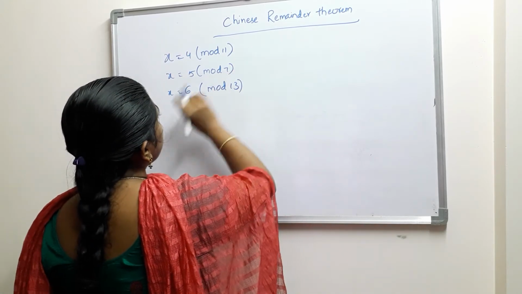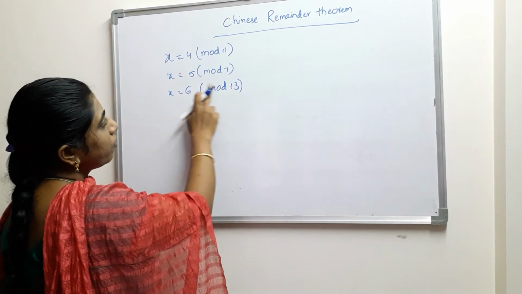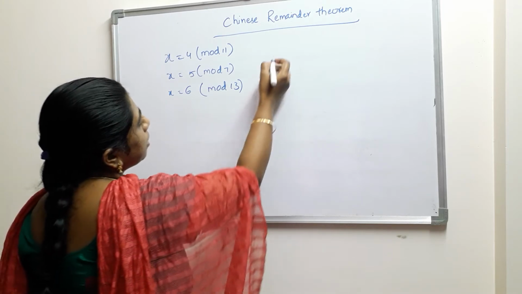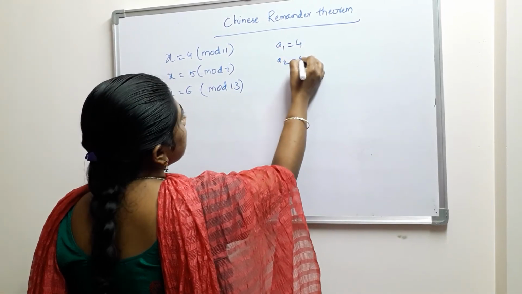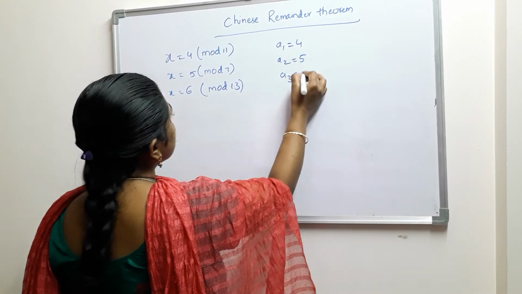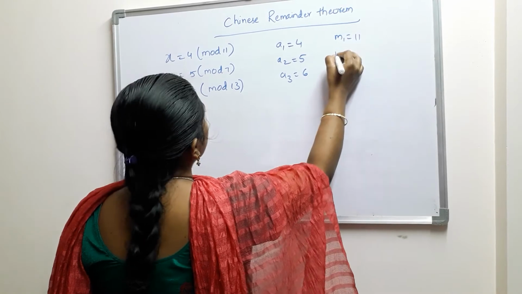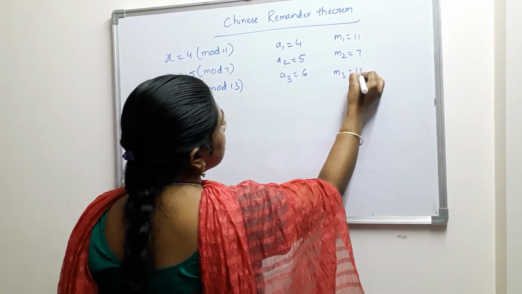In this problem, we are given x is equal to 4 mod 11, 5 mod 7, and 6 mod 13. Here a1 is equal to 4, a2 is equal to 5 and a3 is equal to 6. Similarly m1 is equal to 11, m2 is equal to 7 and m3 is equal to 13.